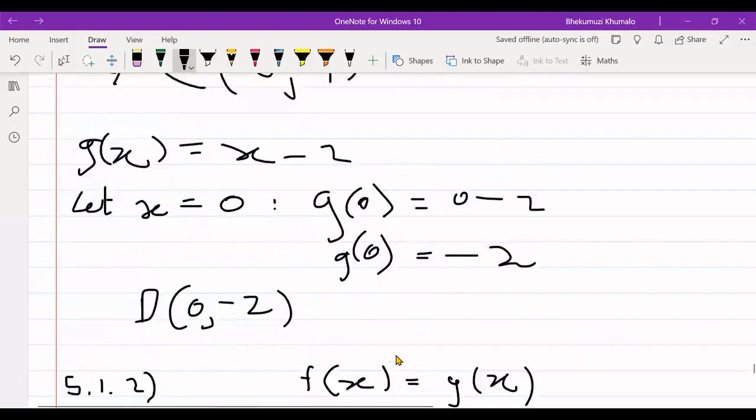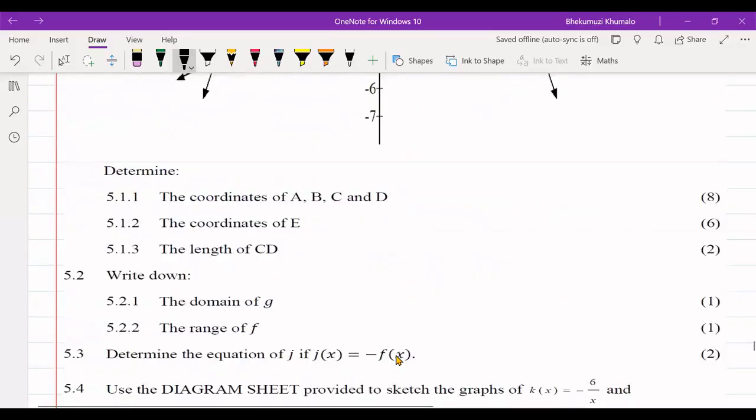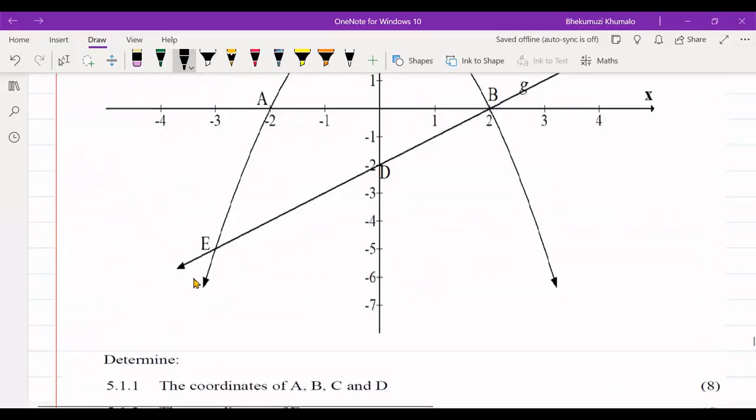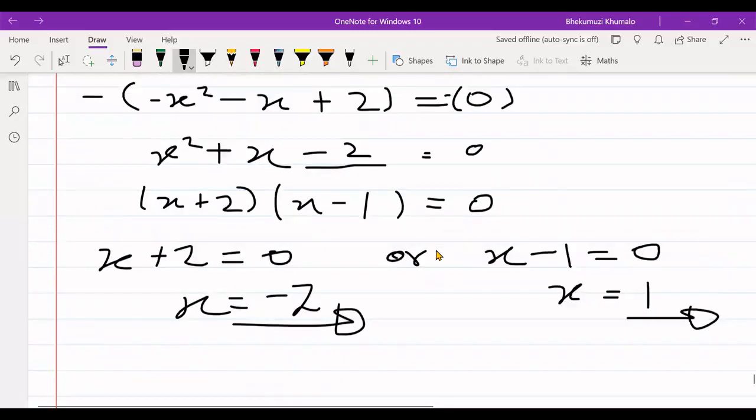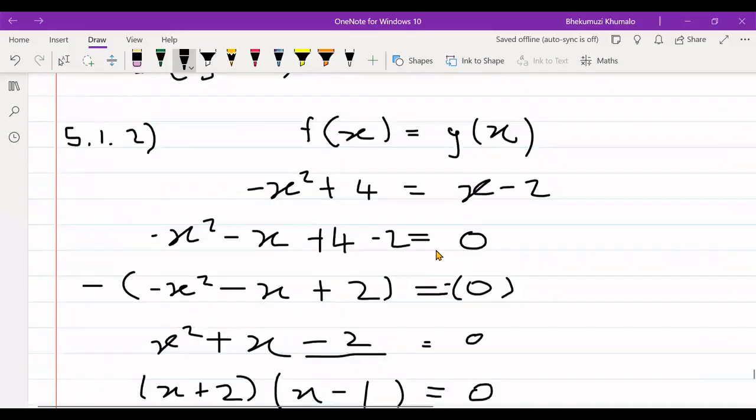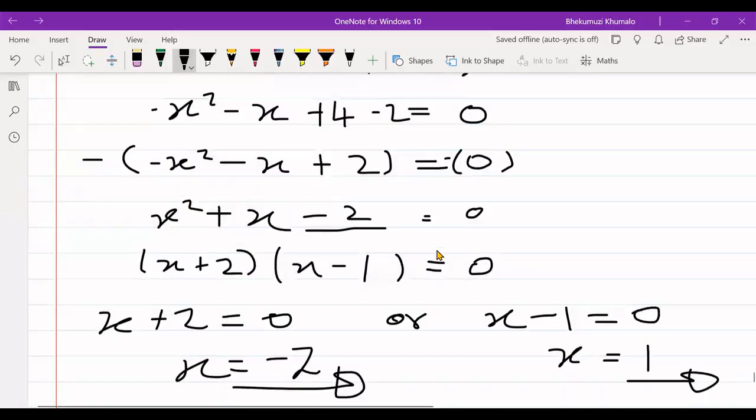But remember, we are not looking for 2 answers, we're looking for 1, because E is only at 1 point. B we already have, which is at that 2.